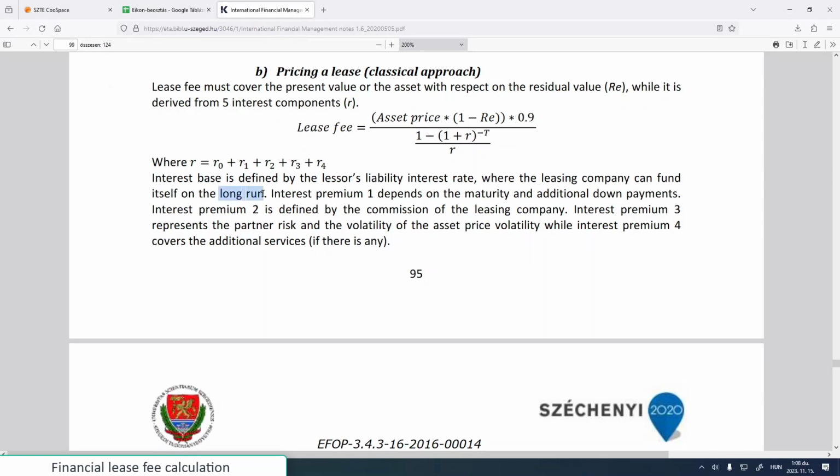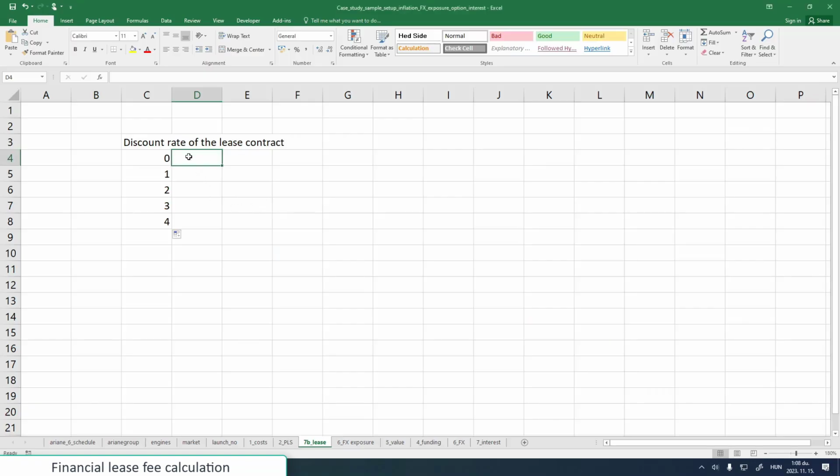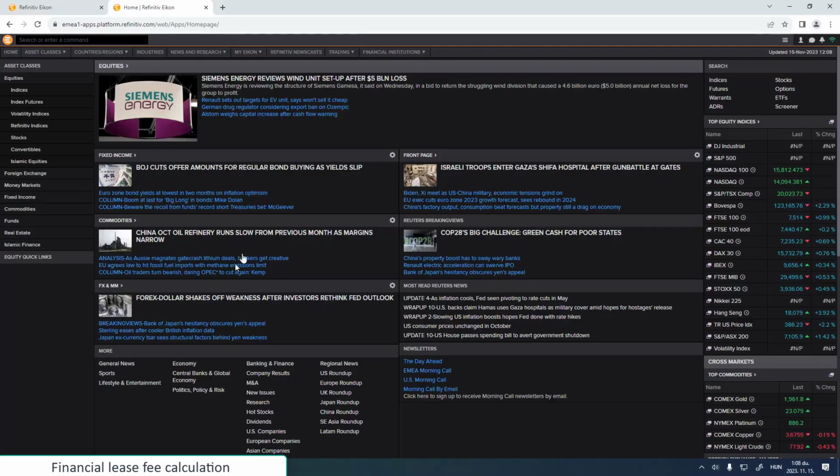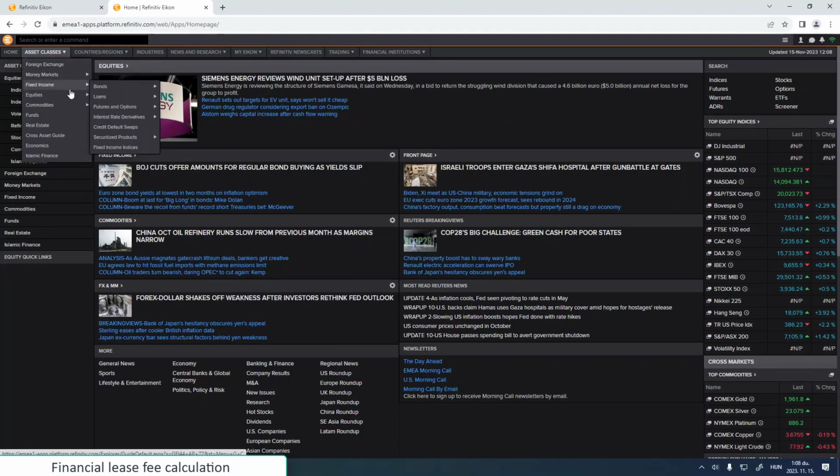Yeah, so long run funding. How can a leasing company fund itself in the long run? Obviously we should look for some kind of benchmark interest rate. So let's go asset classes, fixed incomes, bonds.